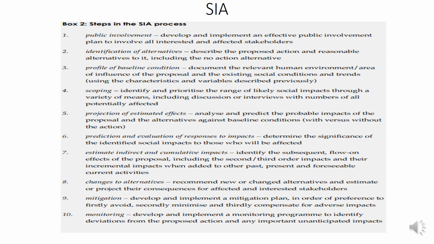Then you have to develop a mitigation plan for the same. Here you develop and implement a mitigation plan in order of preference to first avoid, secondly minimize, and third compensate for the impact.